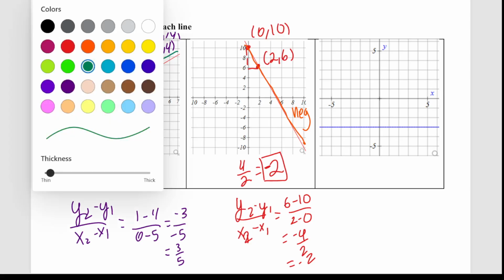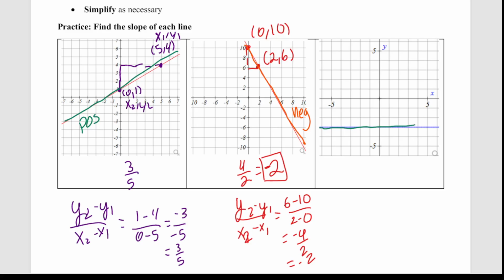For this last one, this is a straight horizontal line. So that's going to be considered a slope of 0. Now, could you also formally pick some points to double check? Sure. So I'm going to pick the points, looks like (1, -3), (2, -3), and then we've got the point (3, -3).